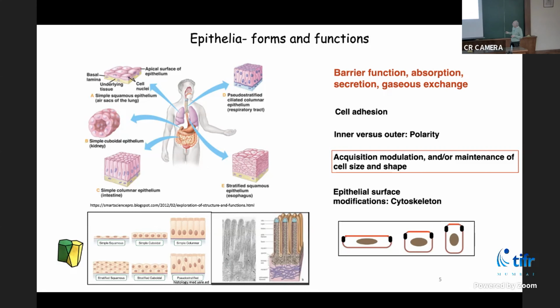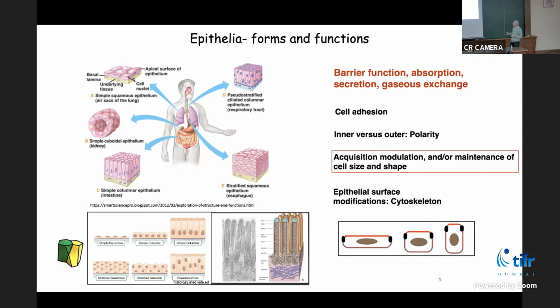And in addition to this, another feature that the epithelial cells show is that their apical membranes are modified. They have these microvilli-like structures. So these are basically finger-like projections of actin. I'll come to this a little later, and they increase your absorptive surface in some sense, so that the larger the surface area, you will have better absorption.